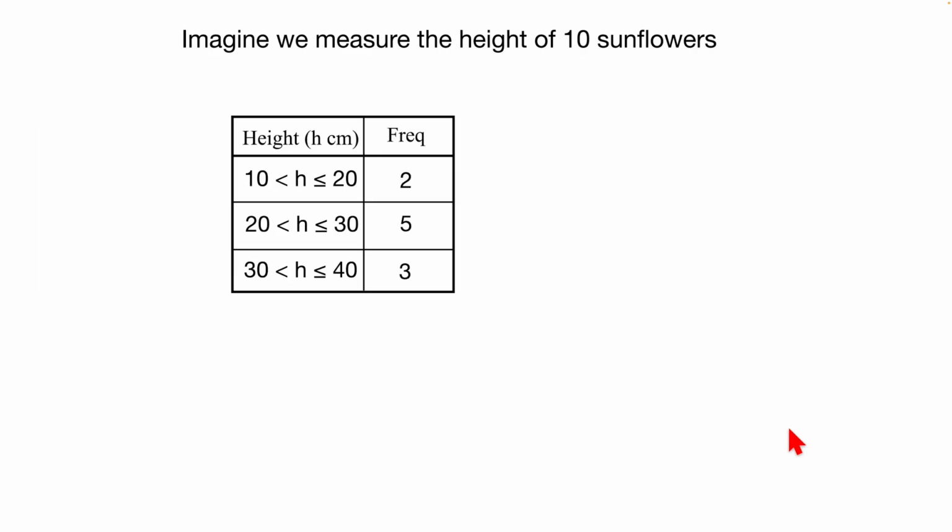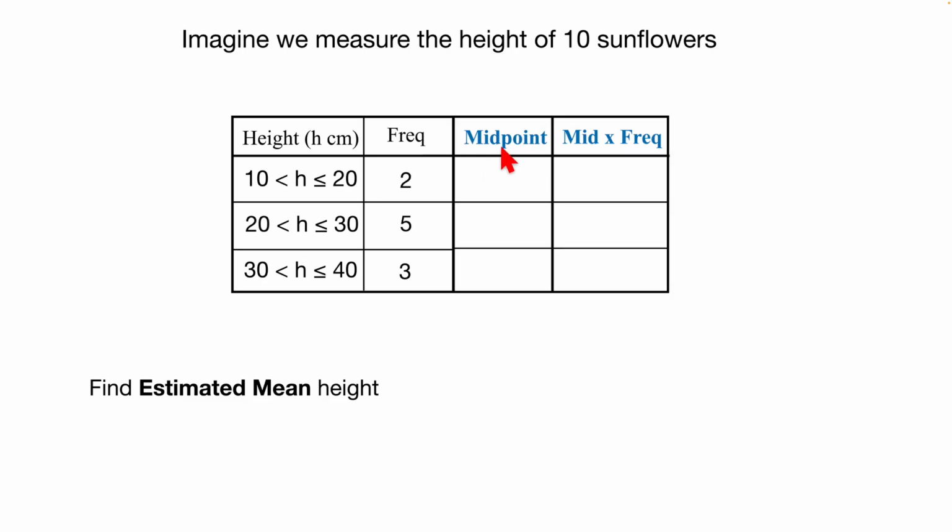Let's just analyse what we did from the point of view of someone who's just been given this. We only get the summary, we only get the frequency table, so we have to do several things. There's no other way around it. To find the estimated mean height, we extend the table. Midpoint, then midpoint times frequency. Midpoint's easy, 15, 25, 35.